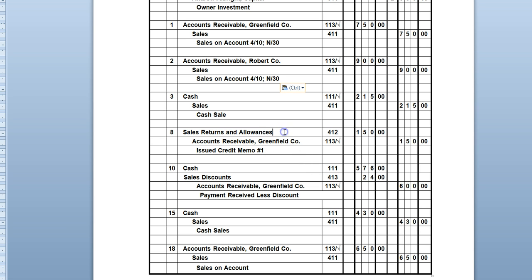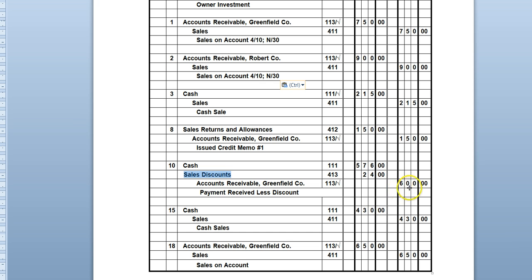Again, it's referred to as a contra revenue. It's reported on the income statement as a deduction from gross sales, as is the sales discounts account. That's another contra revenue.